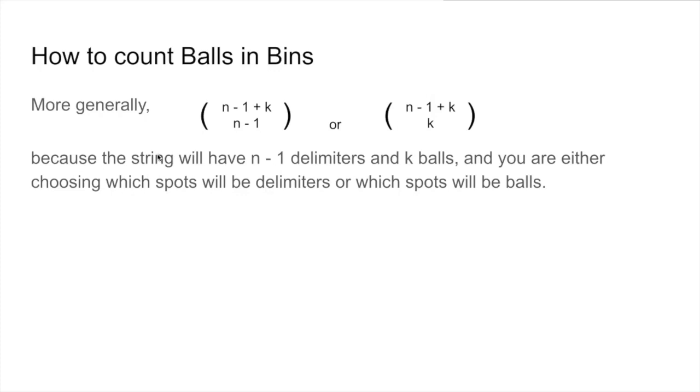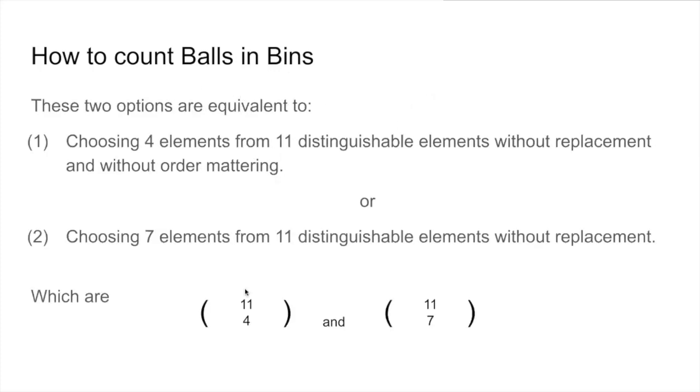And the reason why this is the more generalized solution is because if we look back here, we have 11 on the top and then 4 or 7 on the bottom. This is because we had 11 characters and we had to choose 4 spots, or 11 characters and we had to choose 7 spots. The reason why we had 11 characters is because we had to have the number of choices minus 1 that many delimiters, and then the number of selections we got to make, k, that many balls.